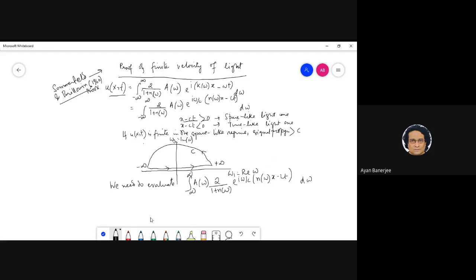So when we look at the upper half, it is for signal propagation greater than c, and for the lower half we look at signal propagation lower than c. Just give me a second, that's a good question.